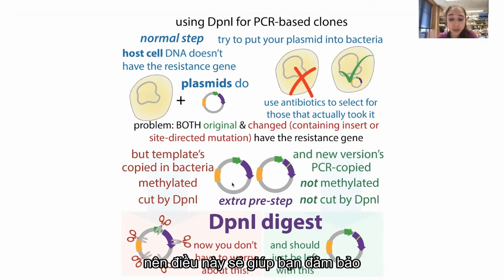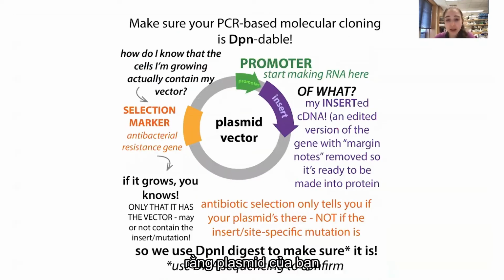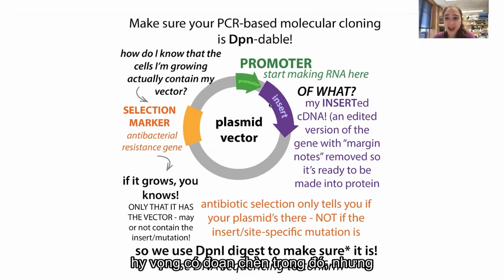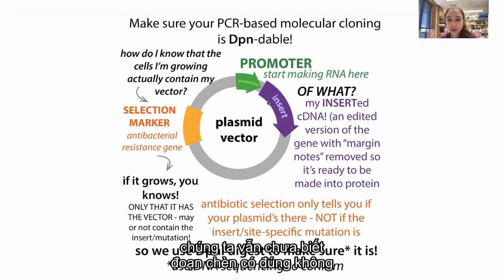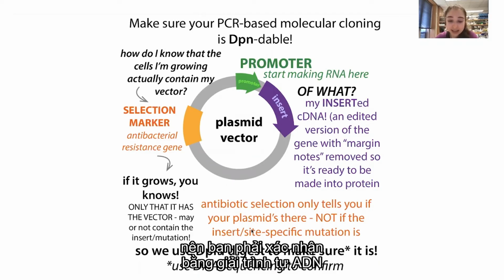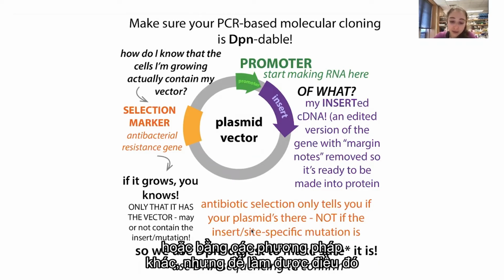And so this is going to help you make sure that your plasmid at least is not the parent plasmid. So it has something in there, hopefully, but we still don't know if the insert is correct. And this is the same with both methods. So you have to confirm that with DNA sequencing or other methods.